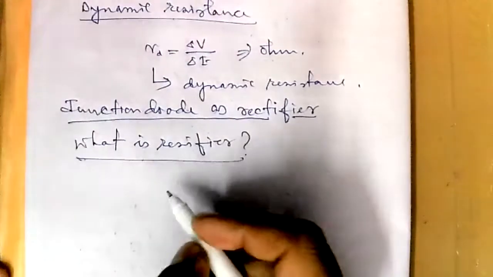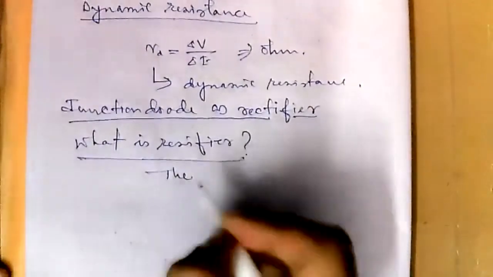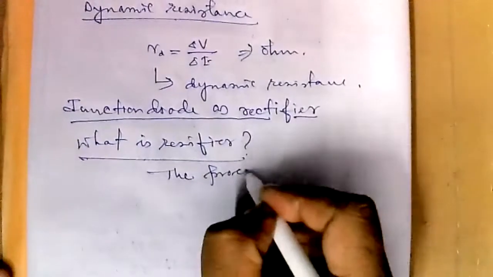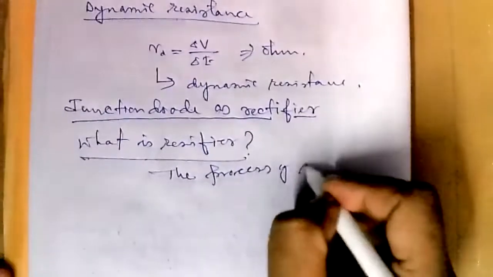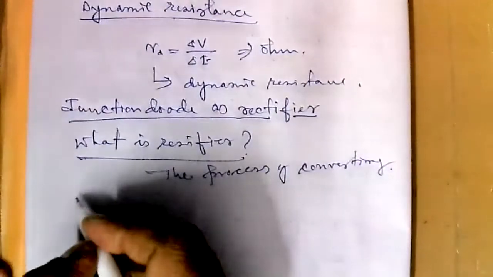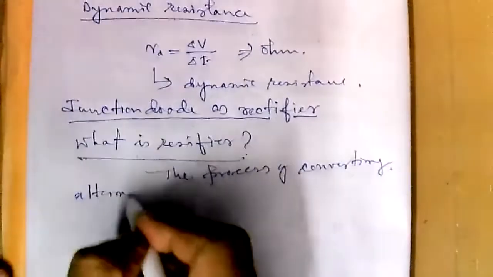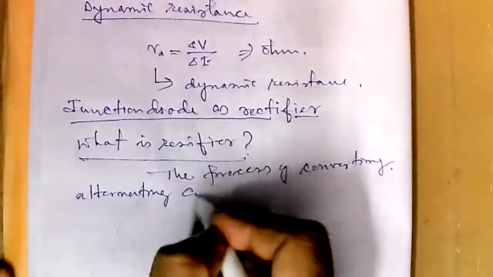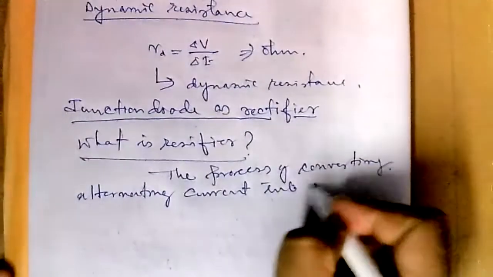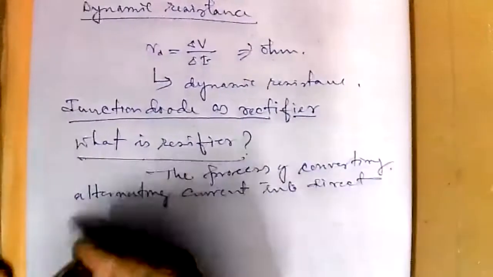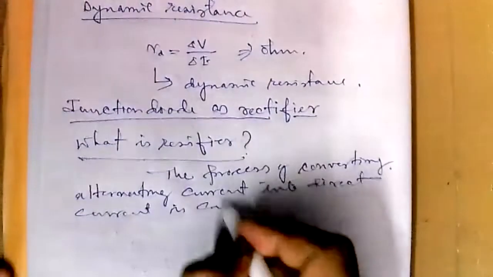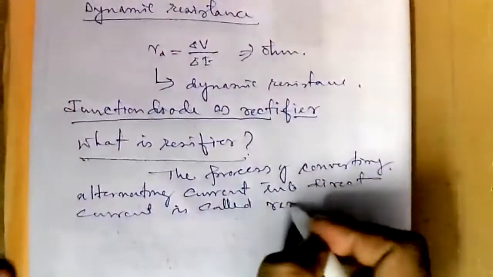So basically rectification is a process. The process of converting alternating current into direct current is called rectification.